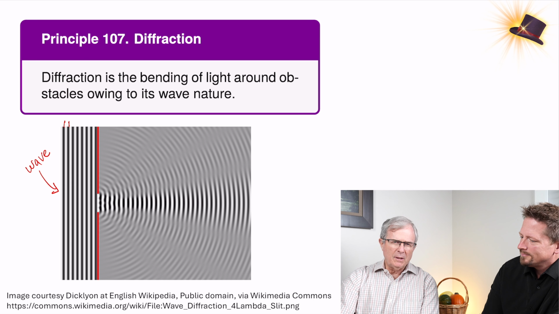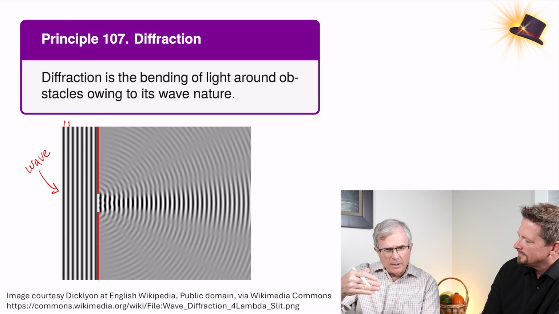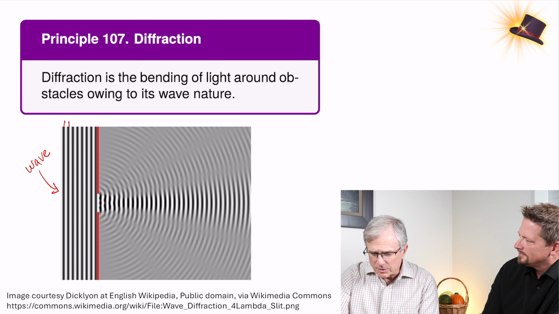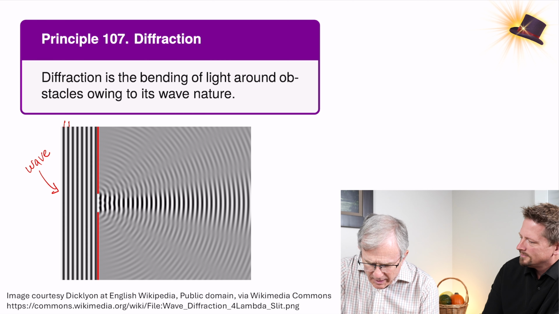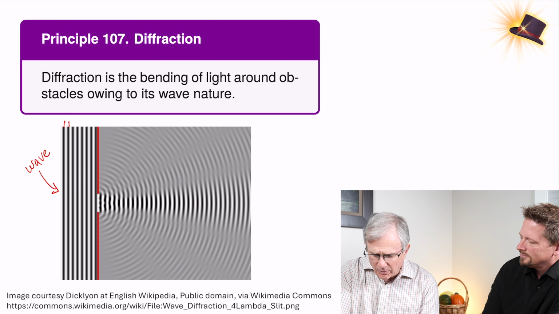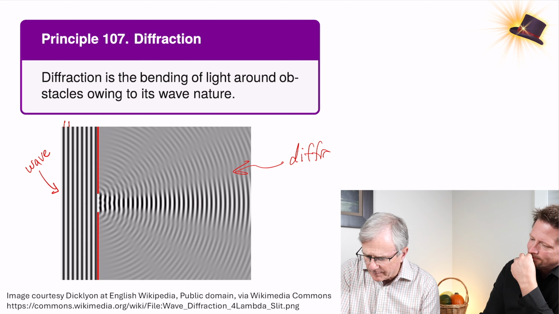You can look up videos on YouTube that show you what happens when waves come into an inlet and then they diffract in this interesting way. What you can see is that the nice regular pattern of waves before it hits the inlet gets disrupted into this diffraction pattern.